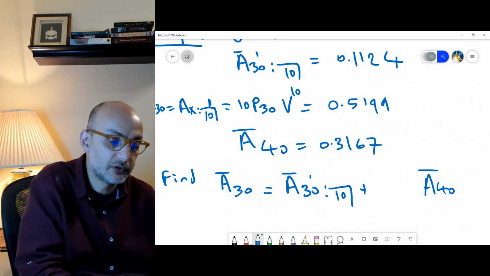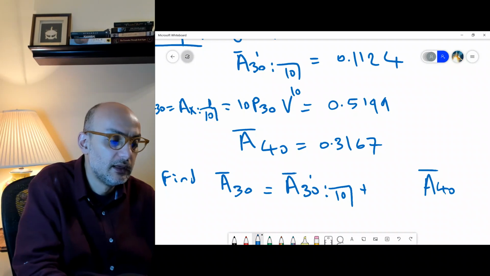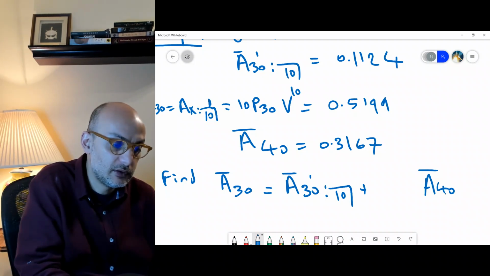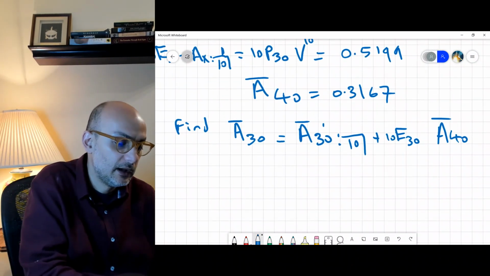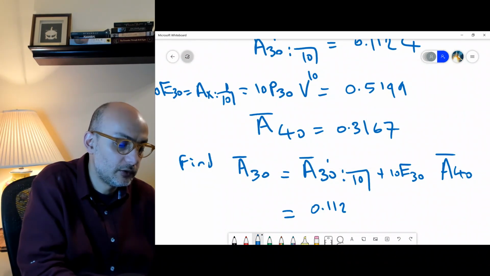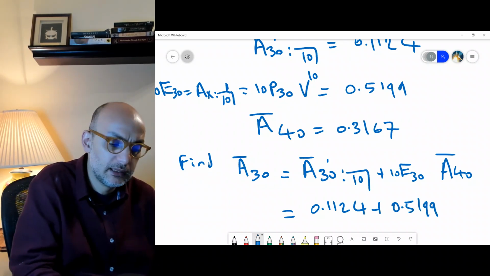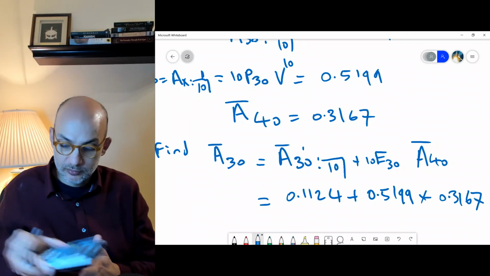This one is 40, it's not the same year. In actuarial math, you need to have the same year. So you do it with 10E30, so you bring it back. And once you do that, then it's straightforward. So it's 0.1124 plus 0.5199 multiplied by A40, which is 0.3167. And now let's do the calculation.